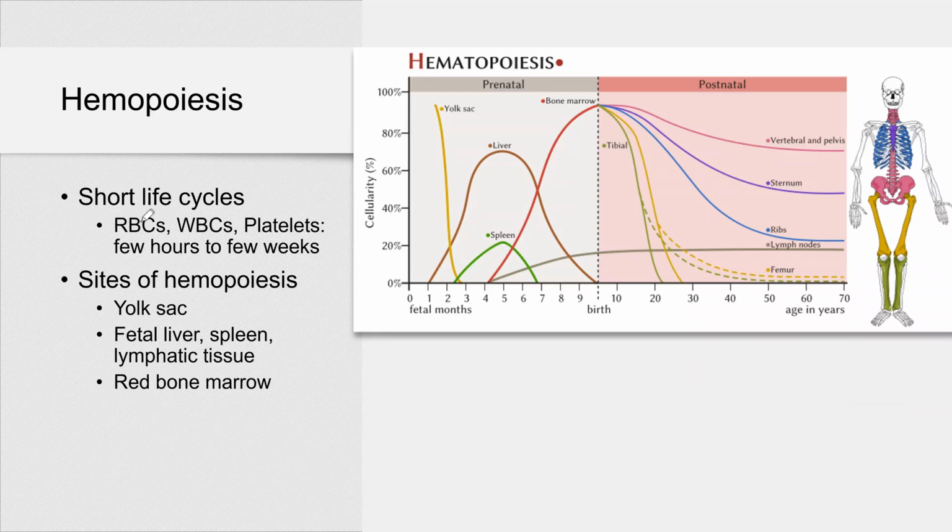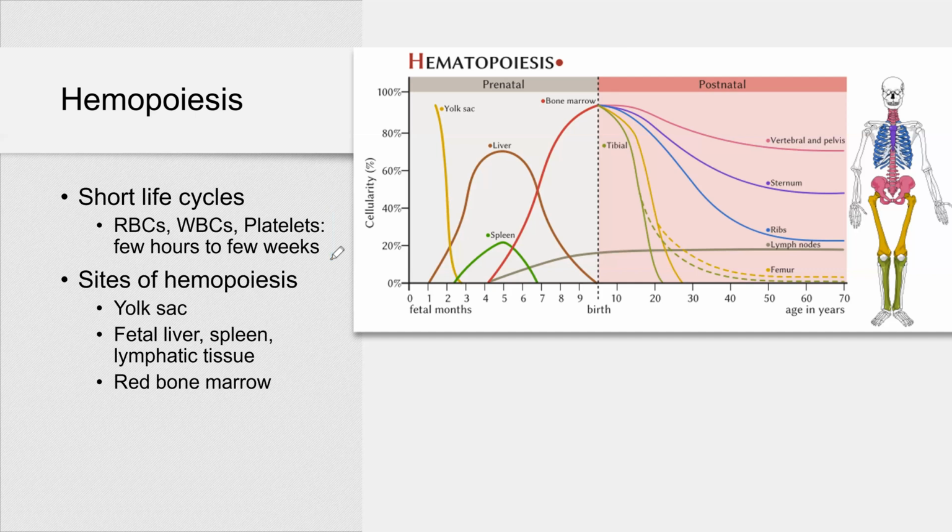Now, erythrocytes are red blood cells, white blood cells, platelets, they have a short life cycle. RBCs live 120 days, white blood cells live an even shorter life, and platelets maybe 10-15 days, right? Just a few weeks.